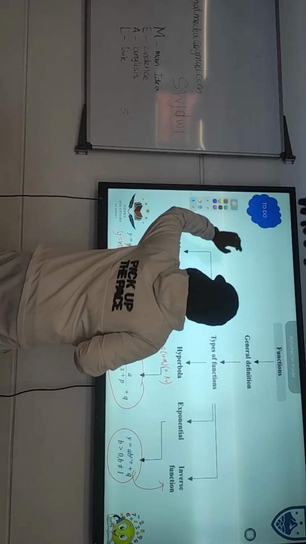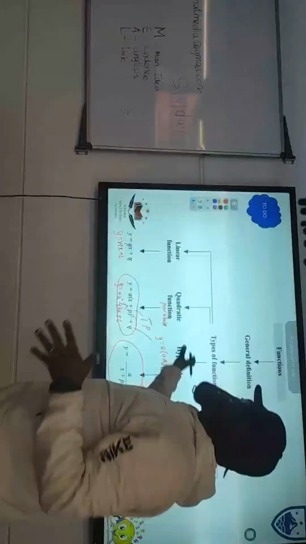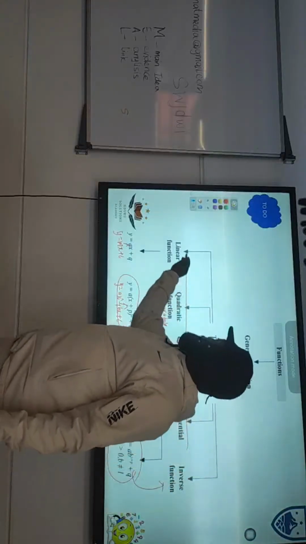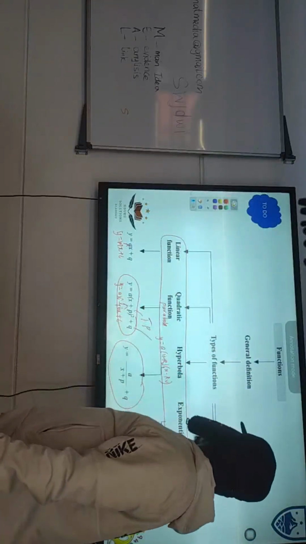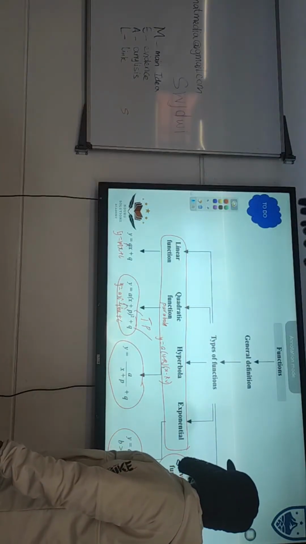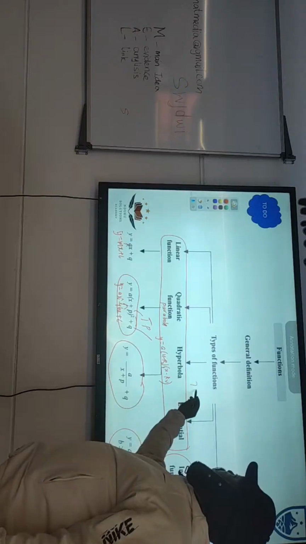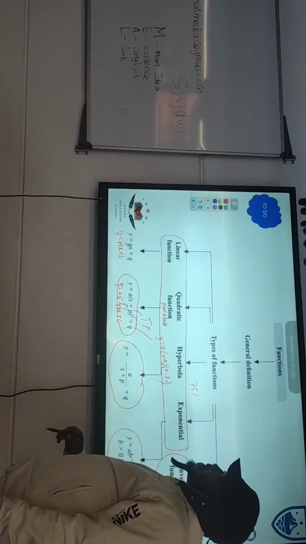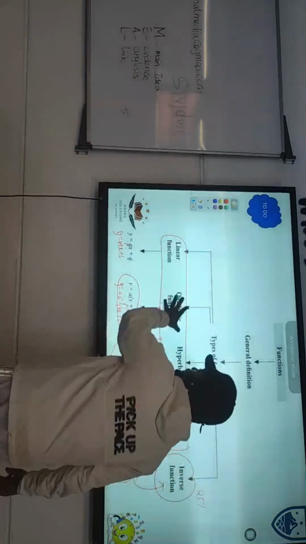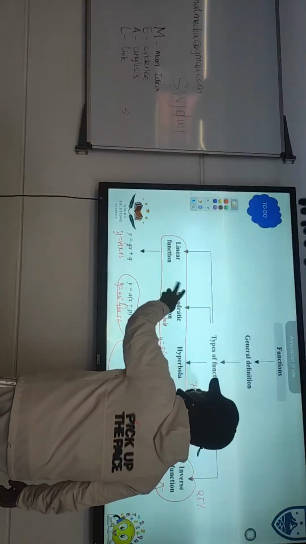75% of the marks of your functions will come from this form. This one will only contribute 25%. And then the examiner will try by all means next time to mix two at a time.